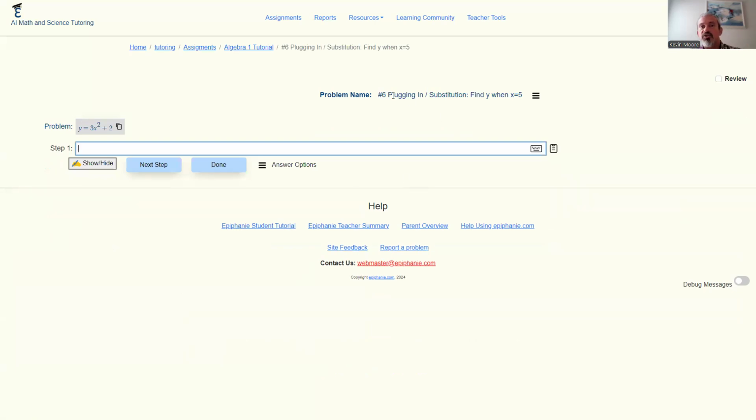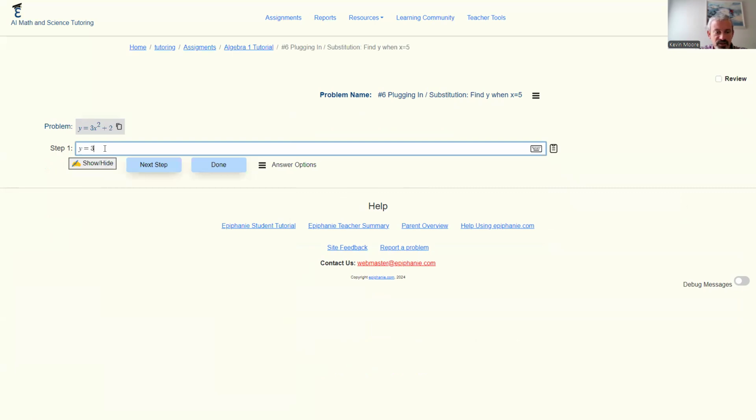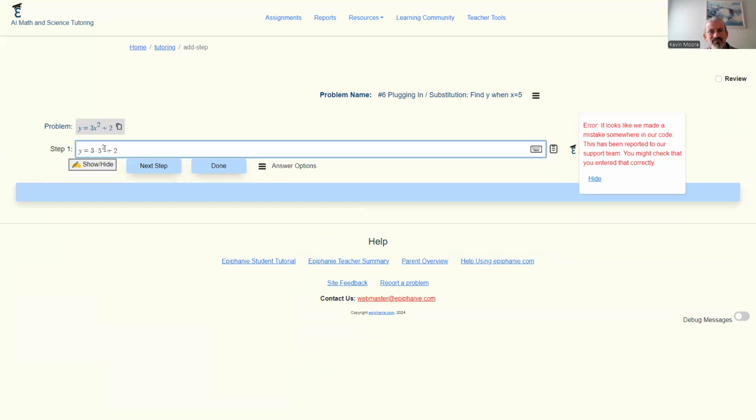Sometimes you might be given instructions to plug in or substitute. For example, if I want to find y when x equals 5, I can say y equals 3 times 5 squared plus 2. If I type that, well, that's not right. And we have an error here that shows up again. These two expressions aren't equal to each other. What I want to do is plug in.